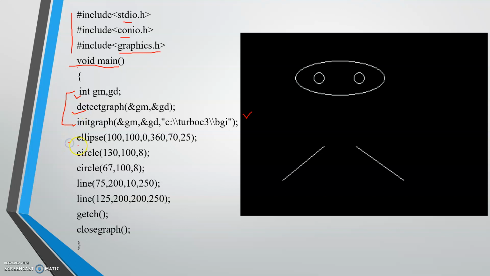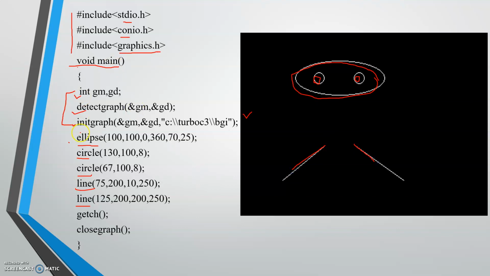Next, we are using the ellipse function to draw the face of this particular image. Then we are using the circle function 2 times to draw the two eyes, and two line functions to draw these two lines.